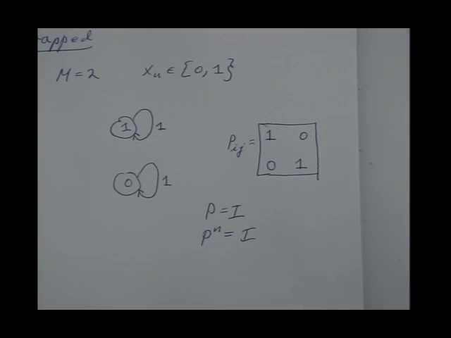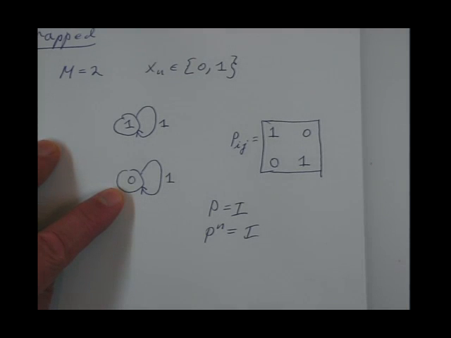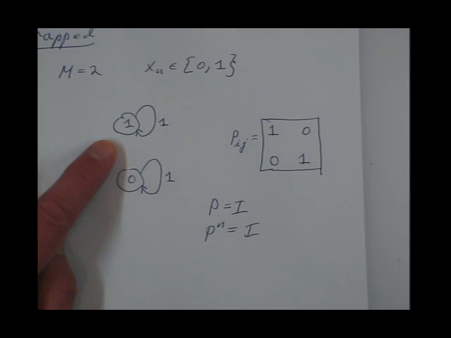So this doesn't reach an ergodic solution, because if you start in state 0, you stay in state 0 forever. And if you start in state 1, you stay in state 1 forever. So therefore, it doesn't reach a steady state solution which is independent of the initial state. I guess there's a steady state solution, but it's not independent of the initial state.